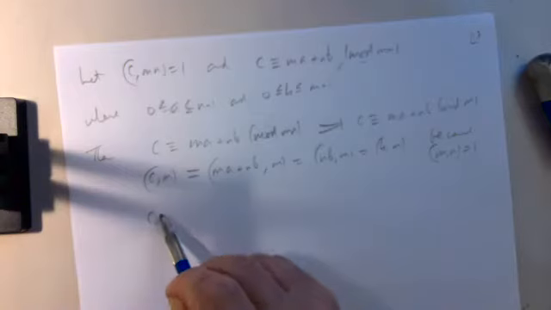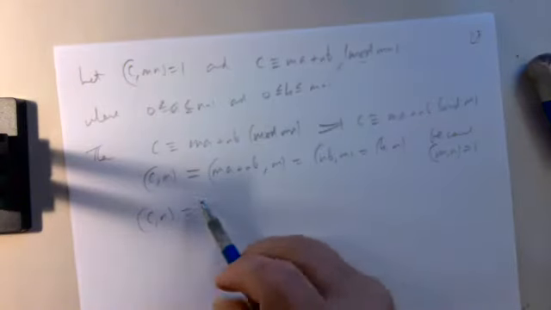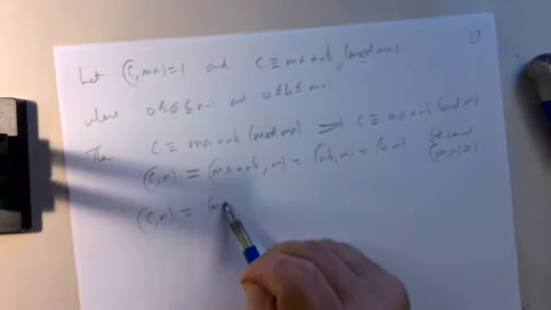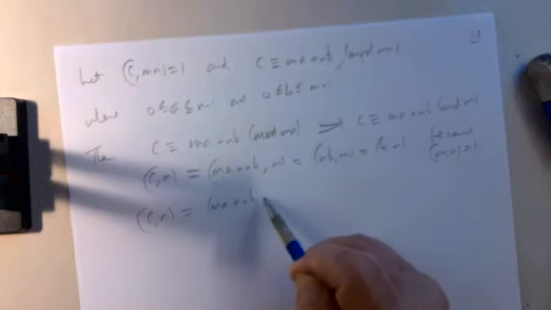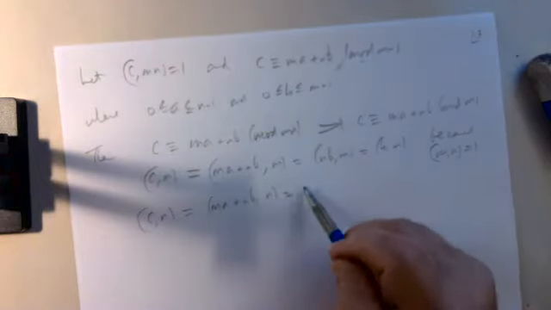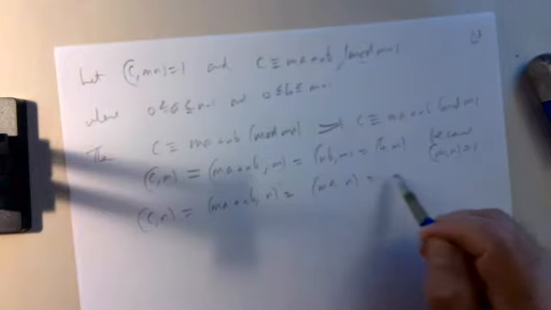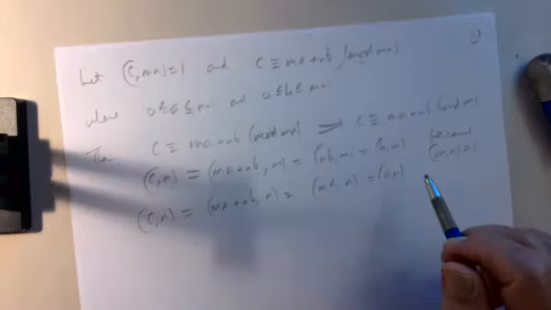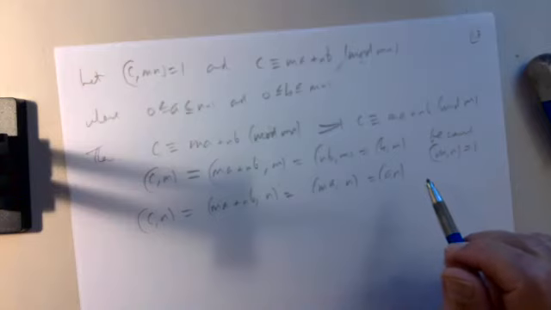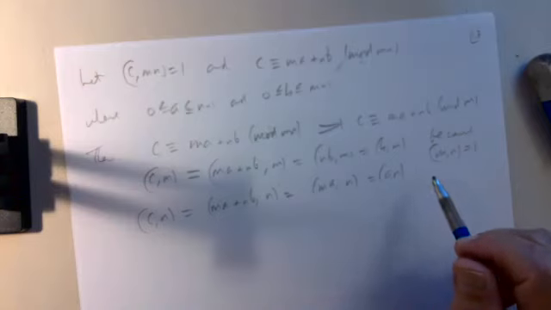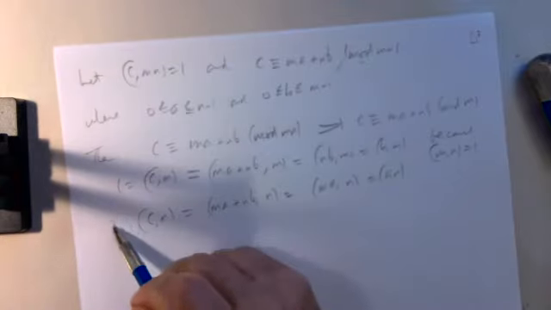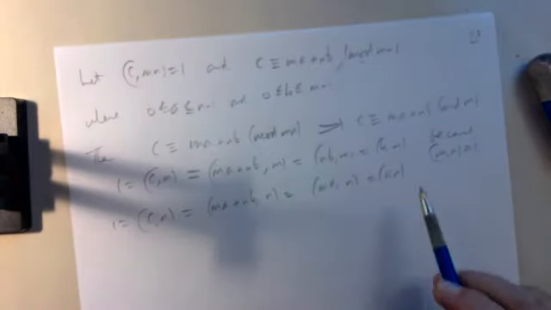Similarly, the greatest common divisor of C and N is the same as the greatest common divisor of MA plus NB and N, which is the same as the greatest common divisor of MA and N, which is the same as the greatest common divisor of A and N. These are 1. So C is relatively prime to Mn.